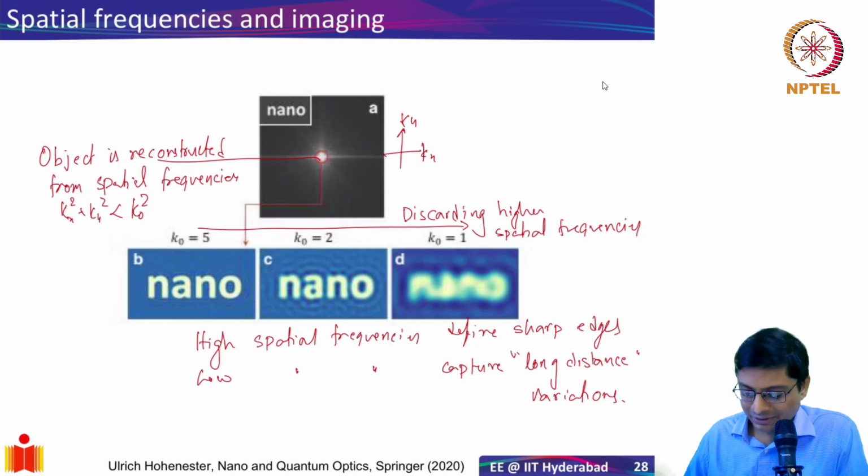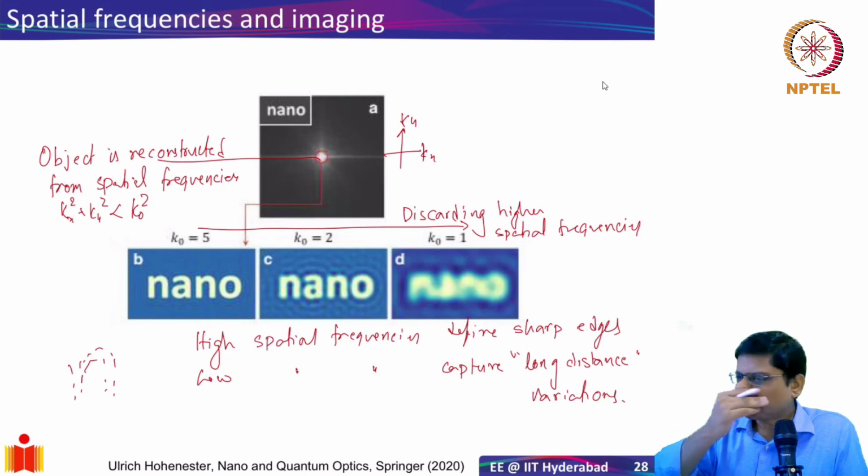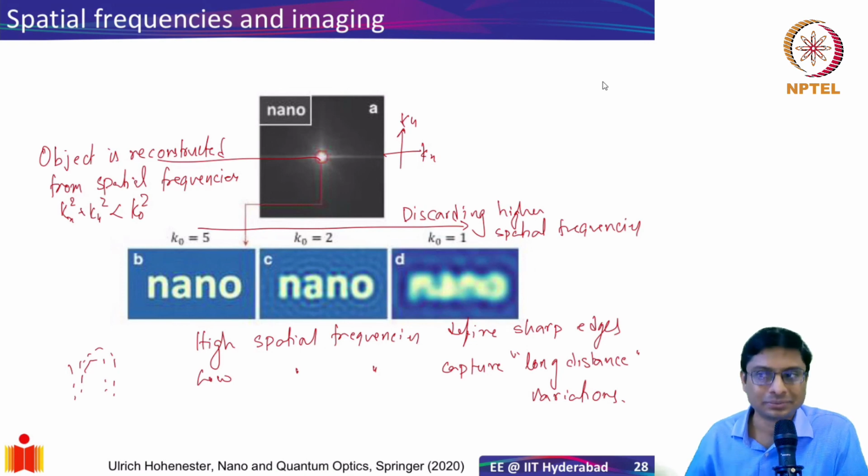When you filter out all the fundamentals, you'll not see the insides clearly. This is my expectation. The N will look like this. The intensity that is there, all of that intensity is filtered out, right? Only you'll see the sharp edges.